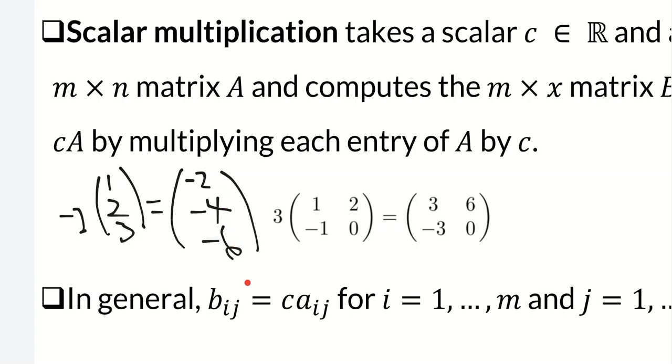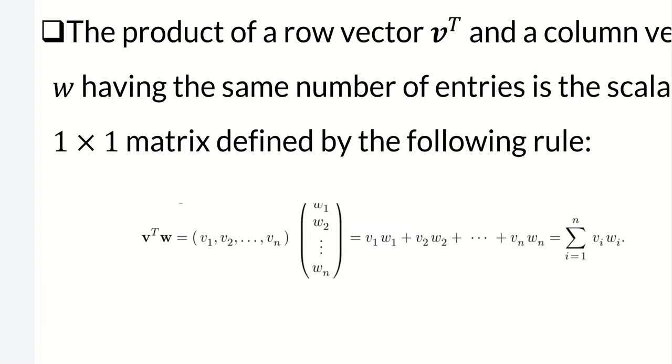The same thing applies in matrices: you have a scalar, and the scalar is going to multiply each element, each entry. So the 3 will multiply the 1, you get 3, 3 will multiply the 2, you get 6, then 3 will multiply negative 1, you get minus 3, then you get 0. These are similar to what we did in vectors, so I shouldn't waste time here.